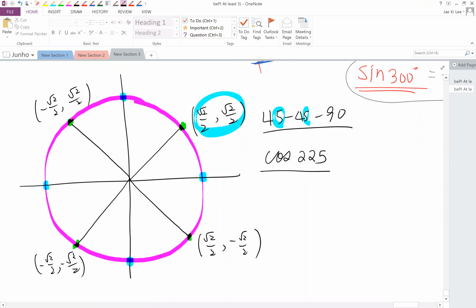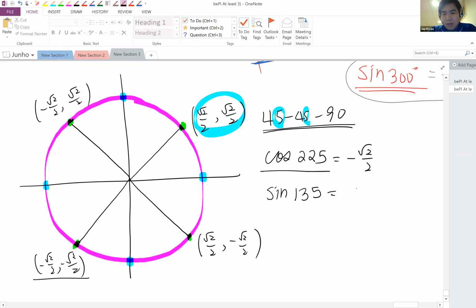Then 225 is right here. Even though you don't know that, the third quadrant and the 45, 45, 90 always have only root 2 over 2. Then if you know this is in the third quadrant, you can put a minus sign here. Okay, even sine 135.